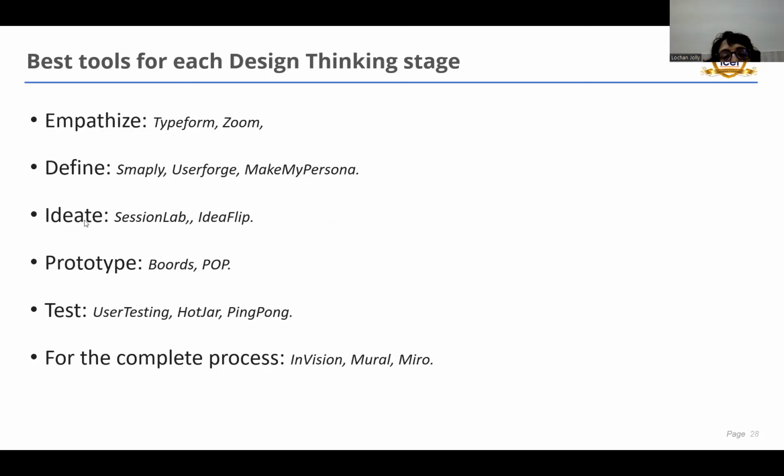That's a way of defining your problems to identify the pain areas. Ideate could be brainstorming and lab sessions to find out the best solution. Prototype, we have already seen, could be drawing, frames or boards that can be used. Then testing, we have already seen, has to be user testing in the actual environment.